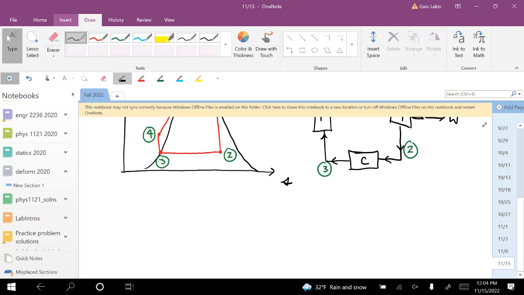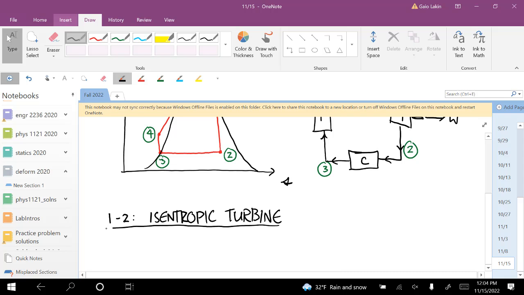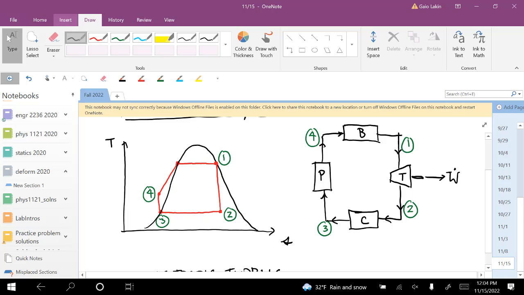So what do we know about these different things? From state 1 to state 2, for the ideal Rankine cycle, we have an isentropic turbine. You can see that on the TS graph, going from 1 to 2, that specific entropy stays constant the whole way.